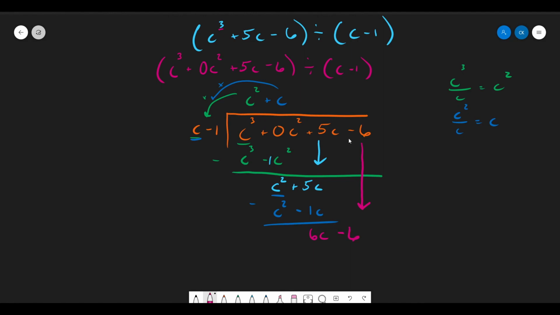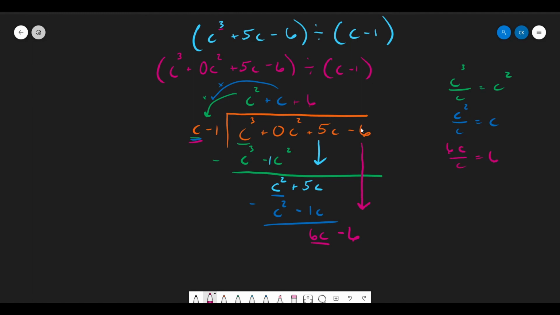You've got to do it until every single term gets used. So the longer your polynomial underneath the division bar is, the longer you're going to have to do it. But again, it shouldn't be too much of an issue here. But I then divide that, I bring that down, and I say, okay, do the same thing. 6c divided by c, that's going to be 6.